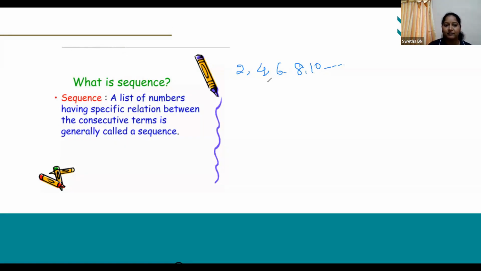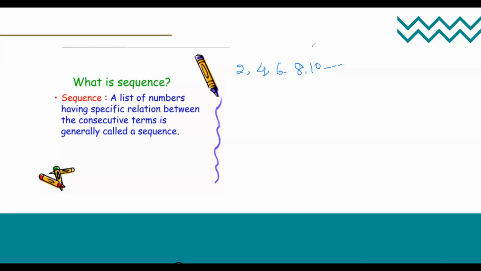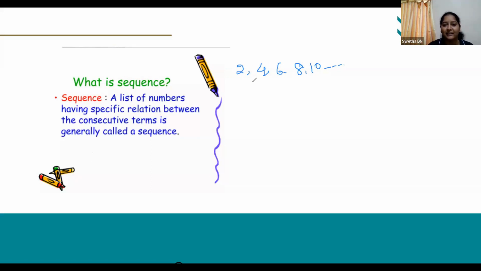What is the relation between each number here? Ma'am, there is a difference of 2 in it. Yes, the difference is 2. And also they are all even numbers, or you can say multiples of 2. So the numbers having a specific relation between them is called a sequence.